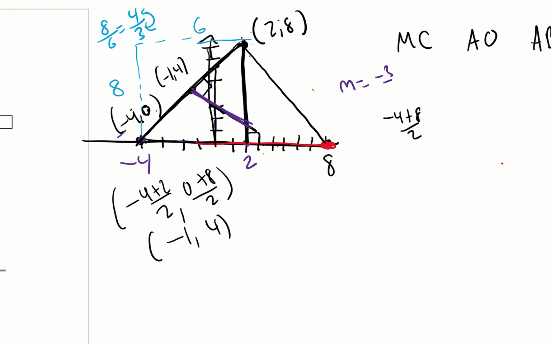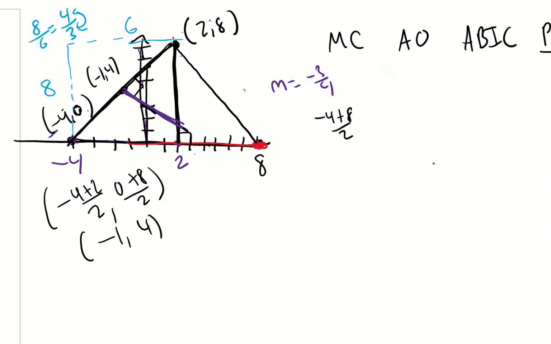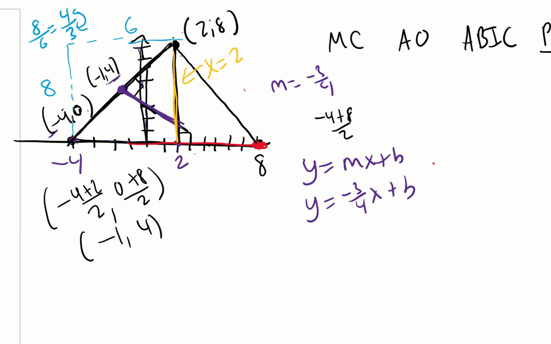Then I want to find the equation of that line, because I know the equation of this line here is x equals 2, and I need the equation of the purple line so that I know where they intersect. We know that this coordinate is -1, 4, so let's use slope-intercept form. We know that m is -3/4 because we just found it. Now y is going to be 4, x is going to be -1.